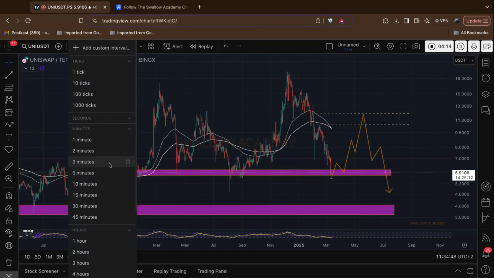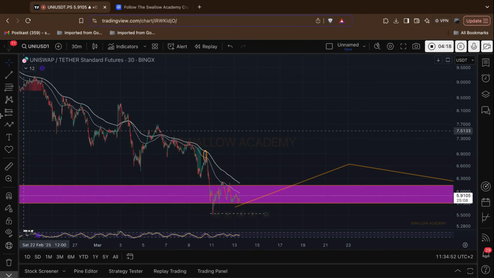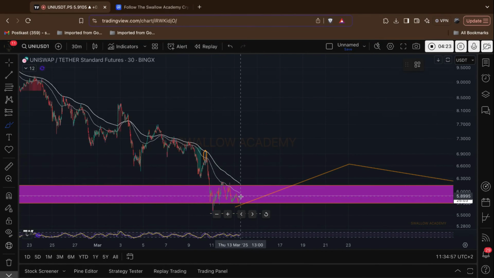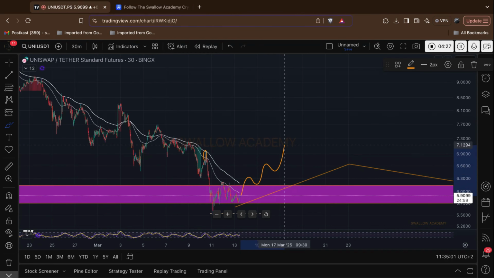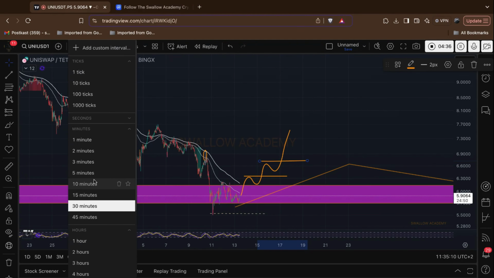But this kind of movement will be only optional if we see a proper breakout from here. So we see buying volume to break out from here, push, retest, and once we see this kind of breakout structure, which means that buyers are building the volume and building the wall, then we are going to enter into the position.